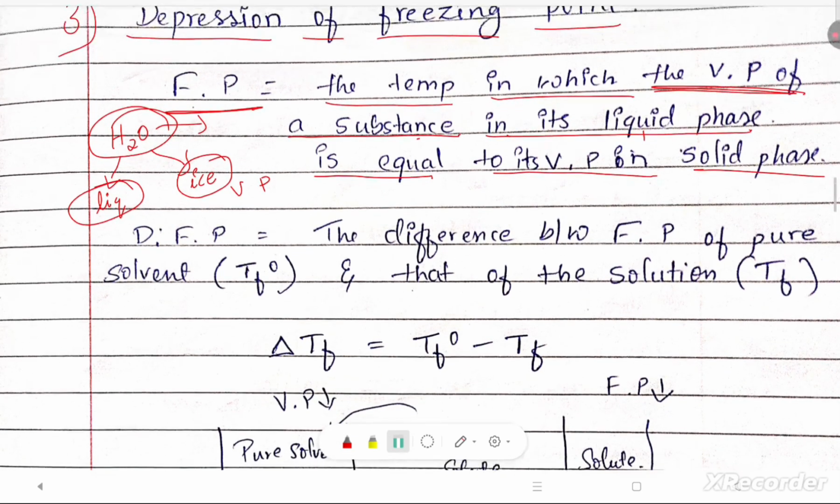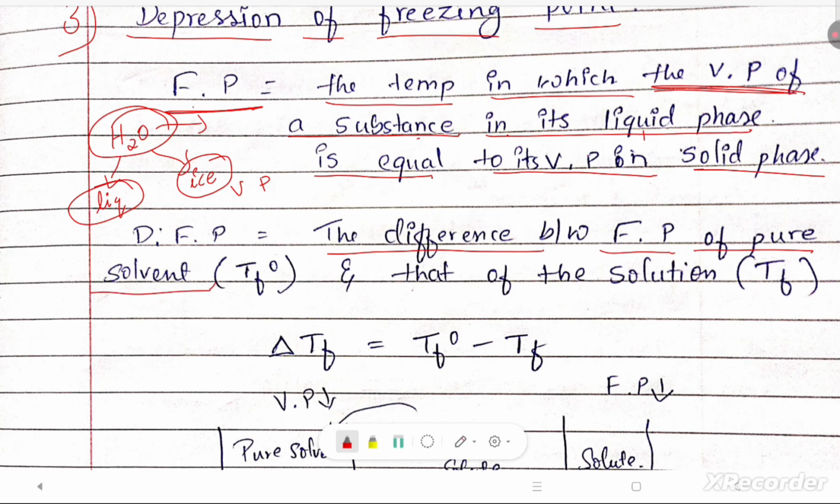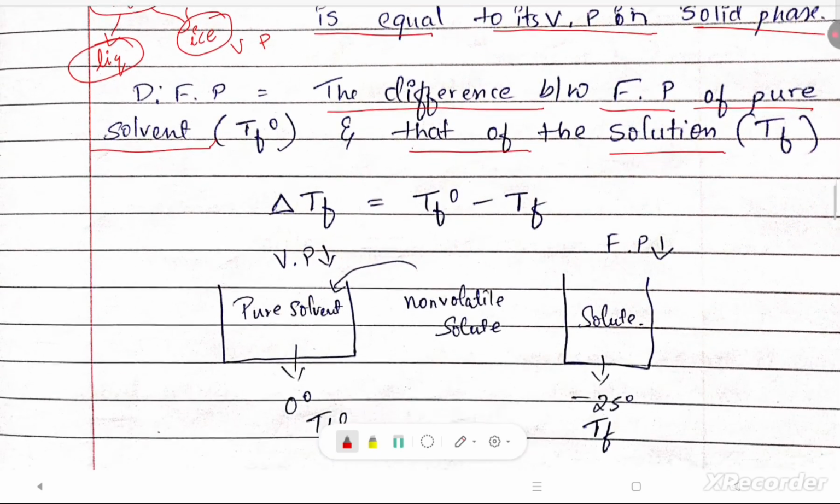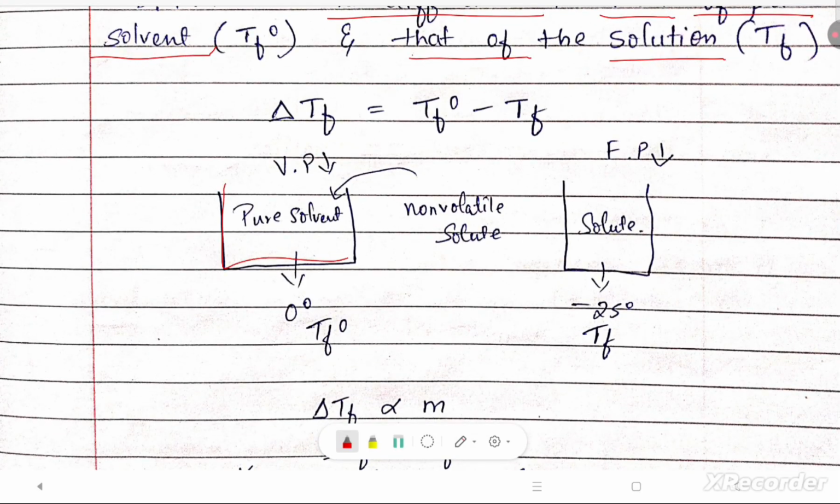Then what is depression of freezing point? It means the difference, same as elevation of boiling point, between the freezing point of the pure solvent and that of the solution. So here this is the pure solvent, this is the solution.